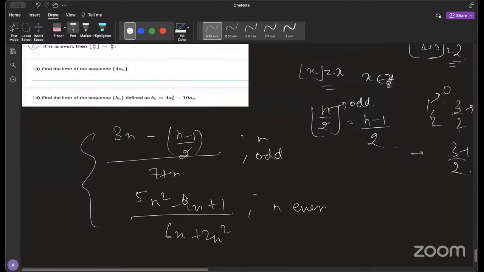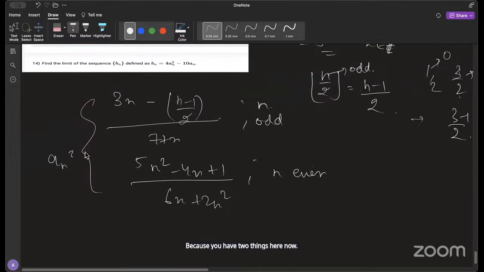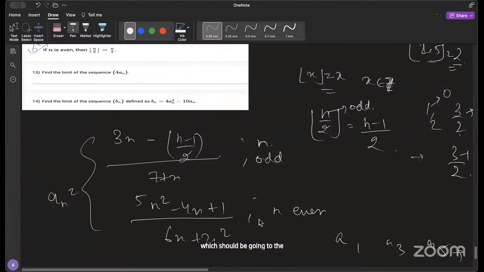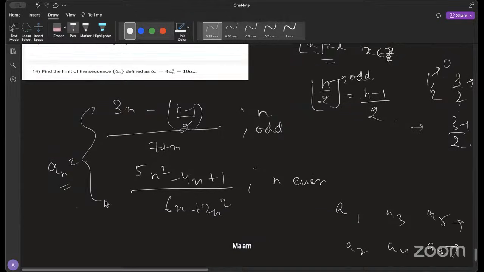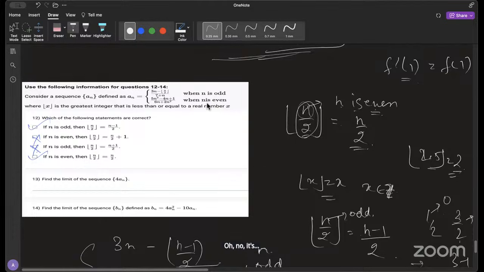Now for the limit, you have two things here: a1, a3, a5, and then a2, a4, a6, two sequences, which should go to the same value for the limit to exist. Ma'am, for even n, in place of n square, do we need to substitute n by 2? No, for n even it's this only.